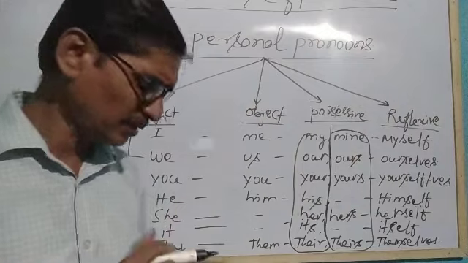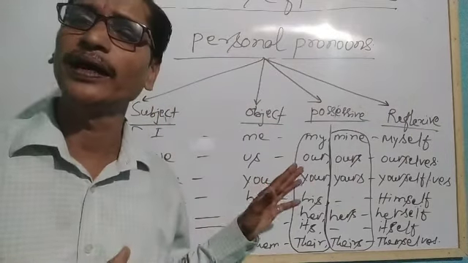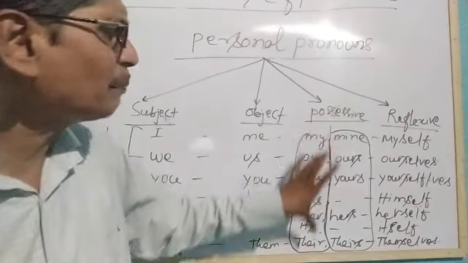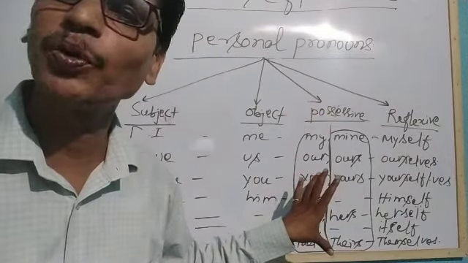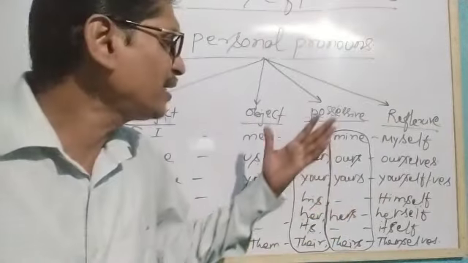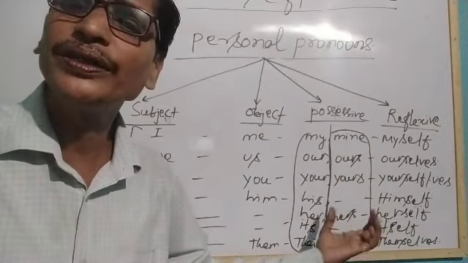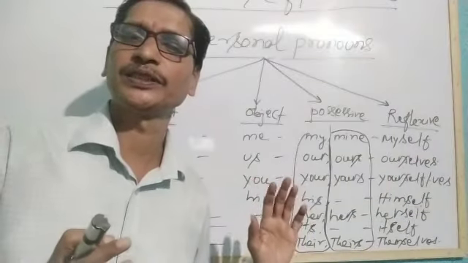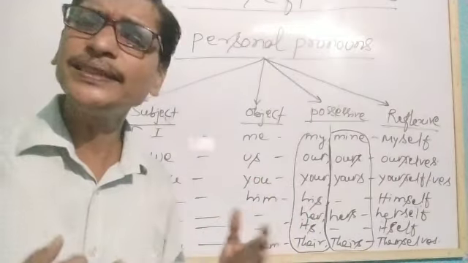So what happens? These divisions are very important because one part of the possessive case of the pronoun is used only as possessive pronouns and some other parts are used as possessive adjectives. You see why we say it is an adjective?